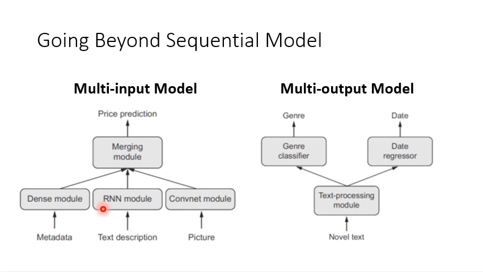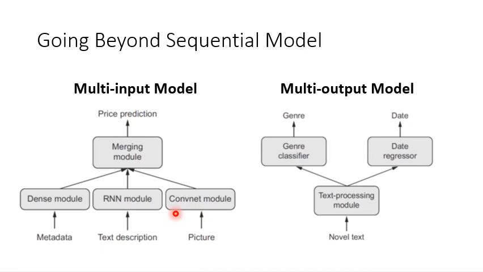Second, we may have the text description written by the real estate agent. Then we can use another module to handle the text information, to encode the text into vectors. And we may have pictures of the house, right?